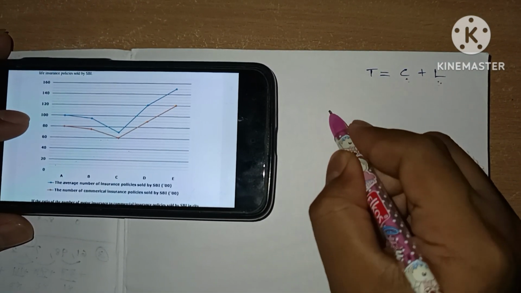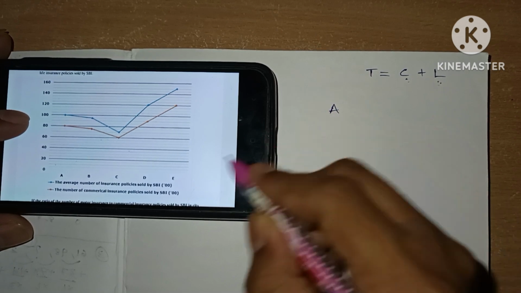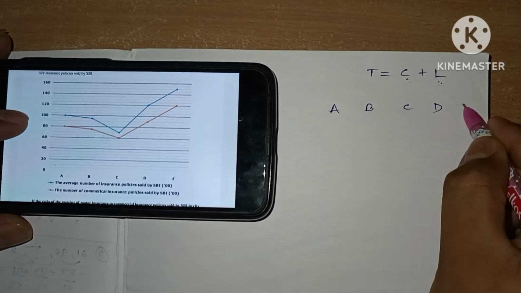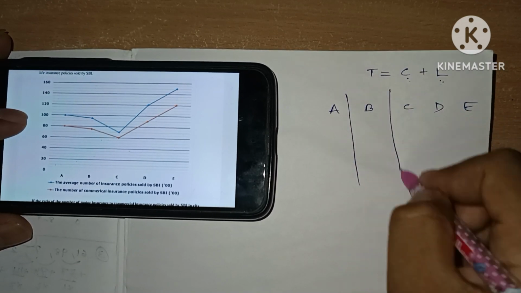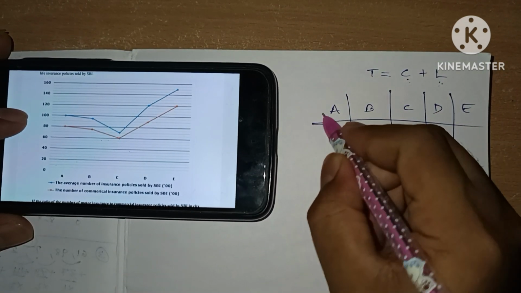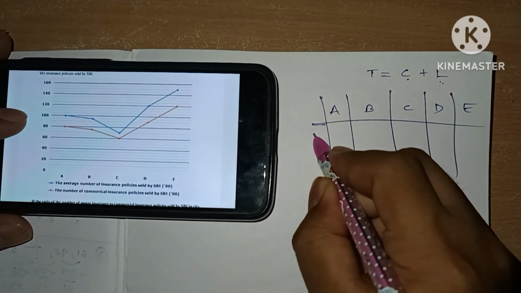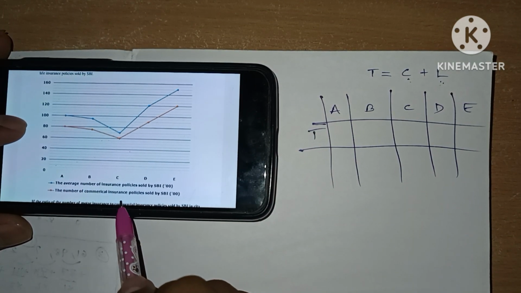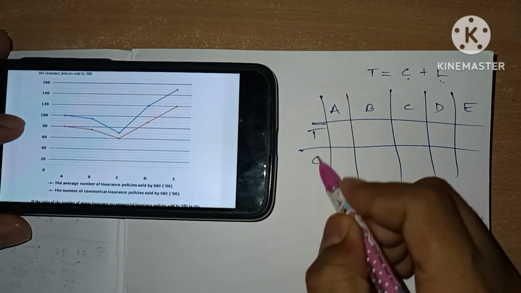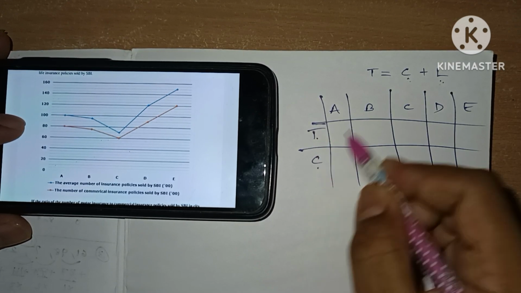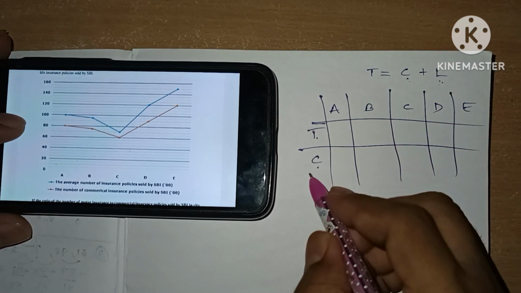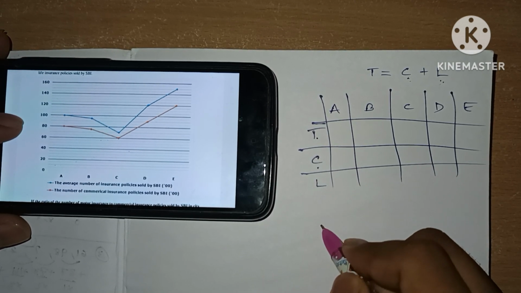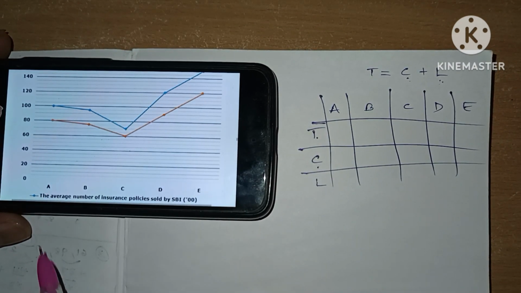So let's make a table of this line graph: A, B, C, D and E, and we have the total. The orange graph shows the number of commercial policies. If we have the total and commercial, we can find the value of life insurance, L. Let's see what values are given.